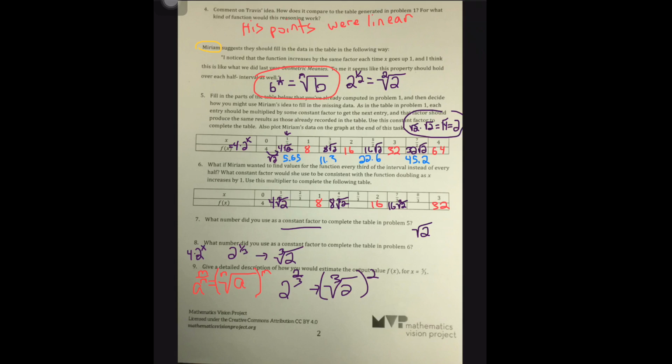You can multiply these with each other. Is there an undo? No, there isn't. Okay, I wanted to erase that circle, but I can't. So this would give me cubed root of 2 times cubed root of 2, which gives me cubed root of 2 times 2, or cubed root of 4.